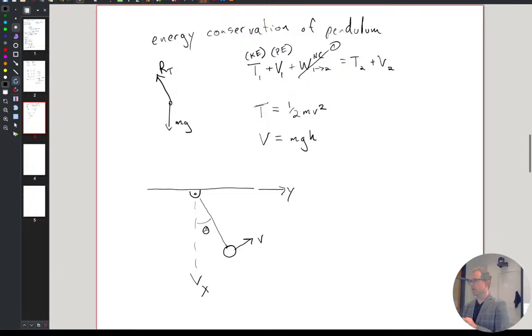Which one do you want to start with, v or h? Position or velocity? Or speed? All we really care about is speed because it's kinetic energy. Energy doesn't really have a direction. It's just a scalar quantity.